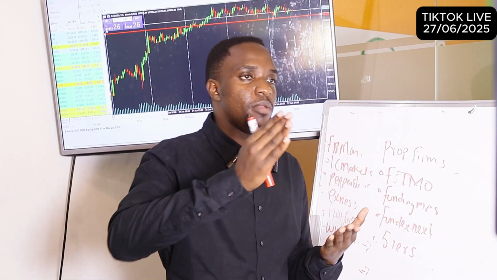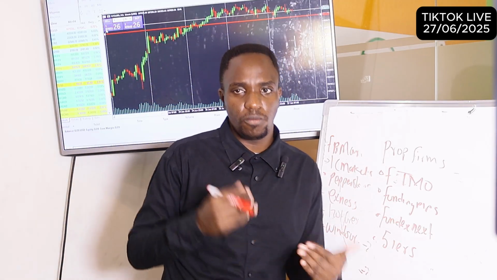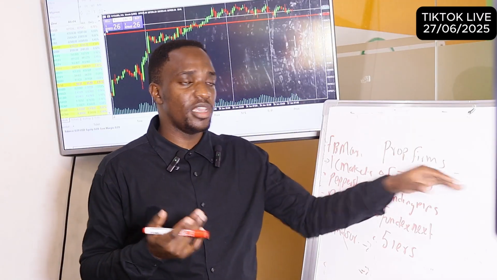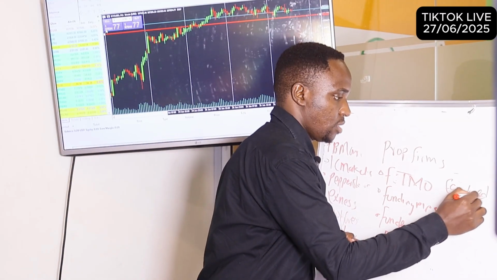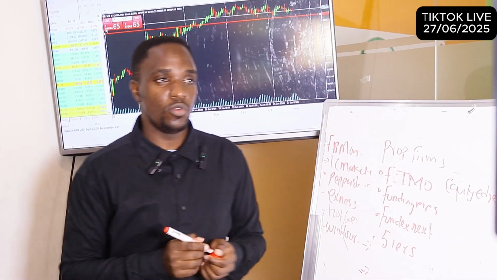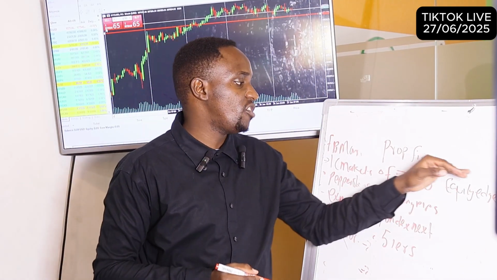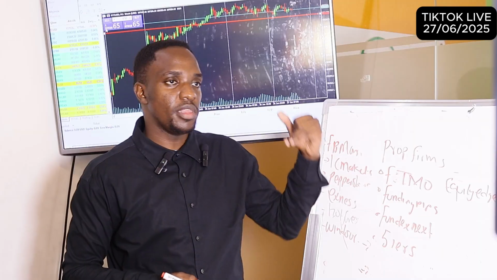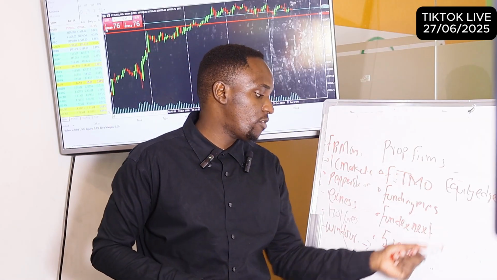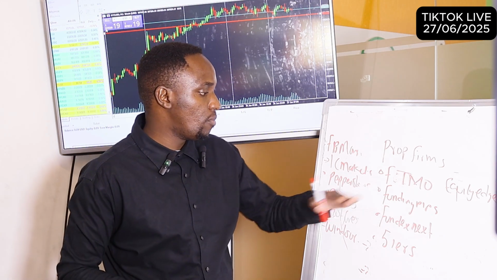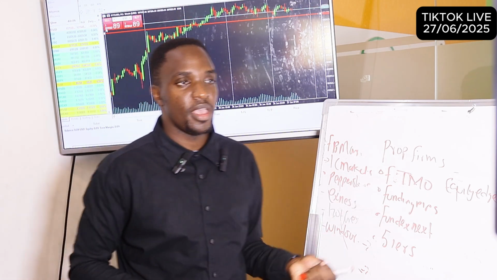If you have never even traded a prop firm account, Equity Edge is relatively very good, and also they are the cheapest in the market. You can just go and try and see. But my best four are these ones: FTMO, Funding Pips, Funded Next, and Fivers.